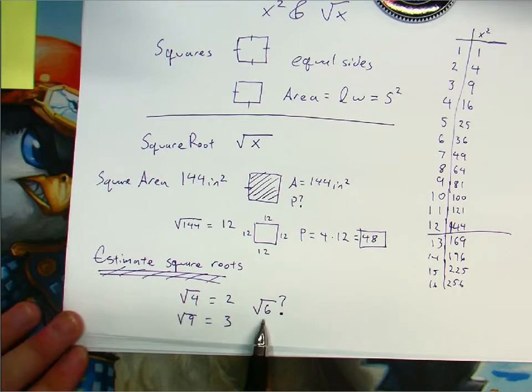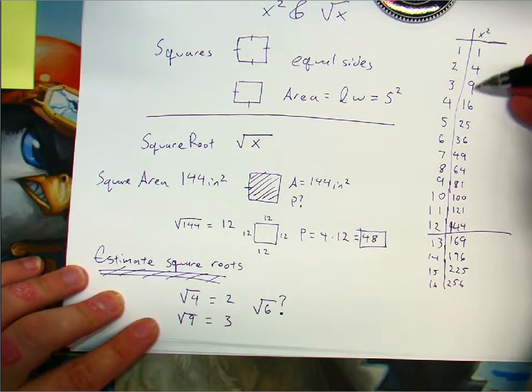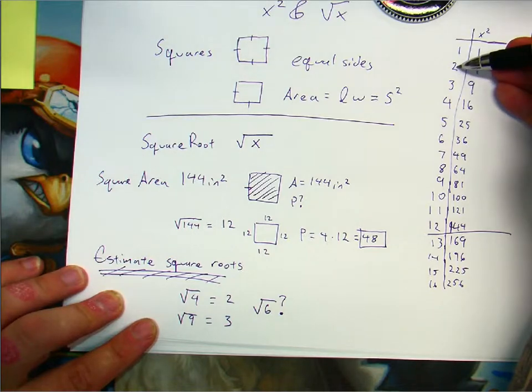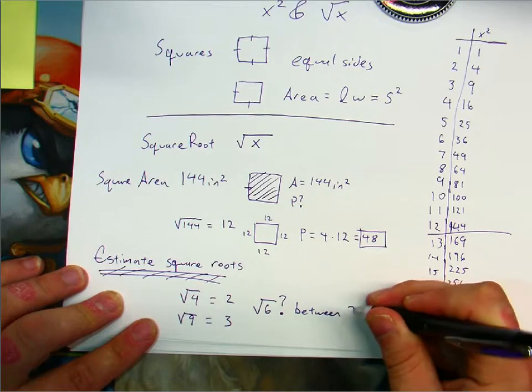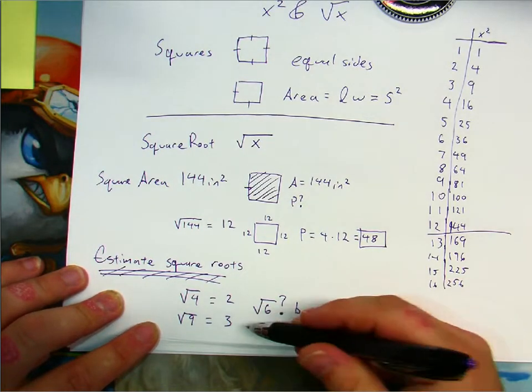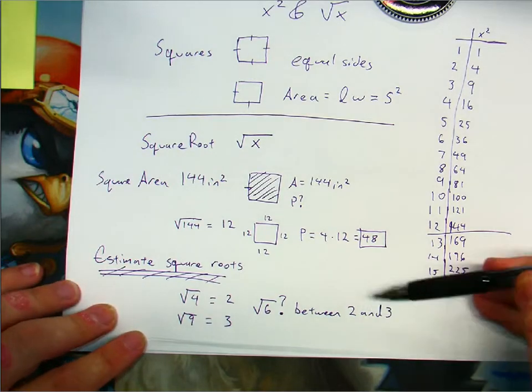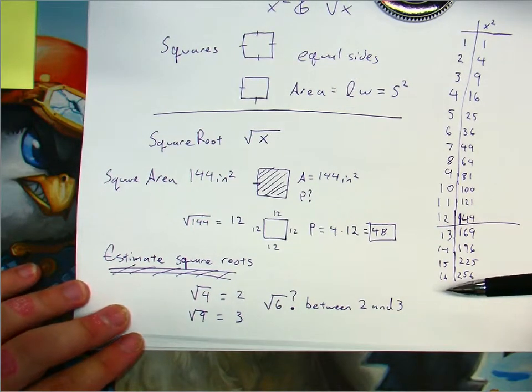But when we square root 6, we can estimate what it's going to be. Because I know 6 is between 4 and 9, so I know the square root is going to be between 2 and 3.